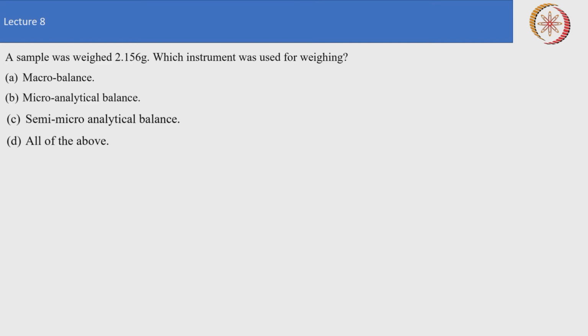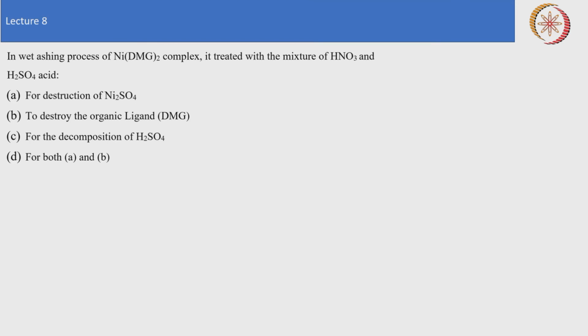Jyotiba has written answer B, and someone has written micro analytical balance. Most of the people are saying microbalance, and that is right, because with a microbalance you can measure from 1 to 3 gram.